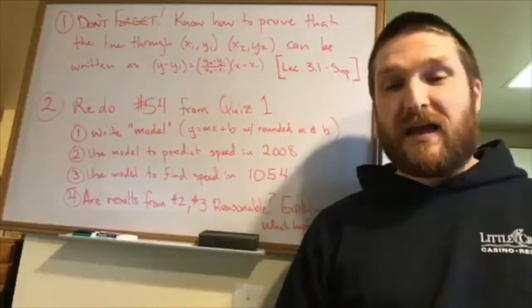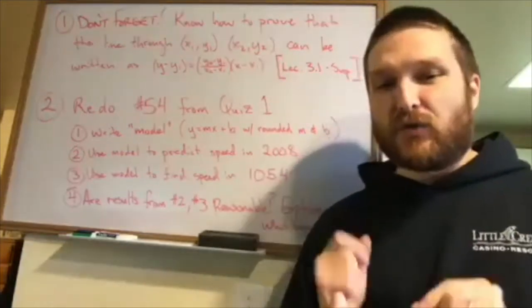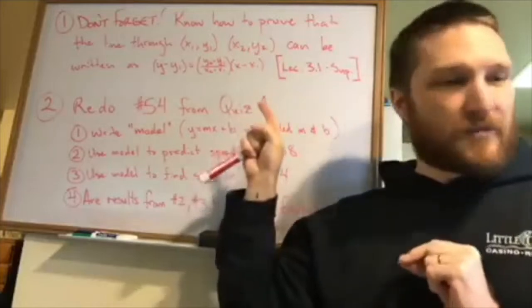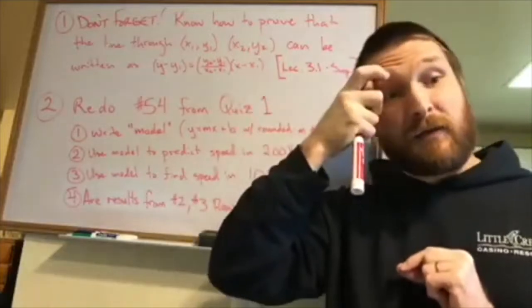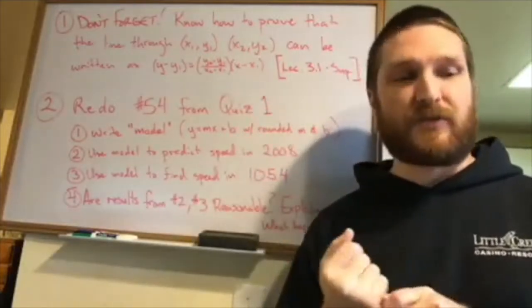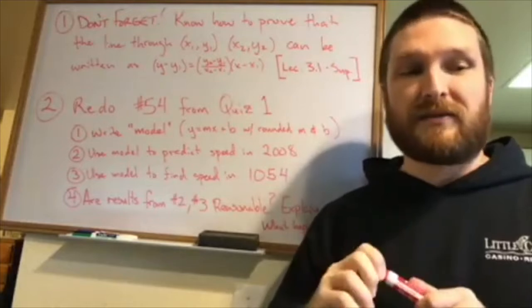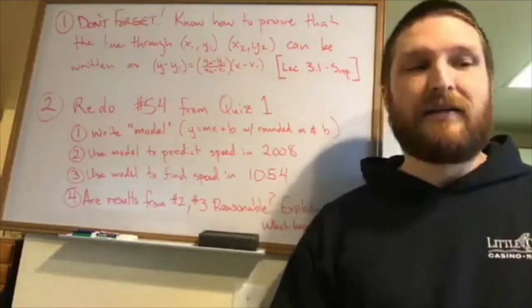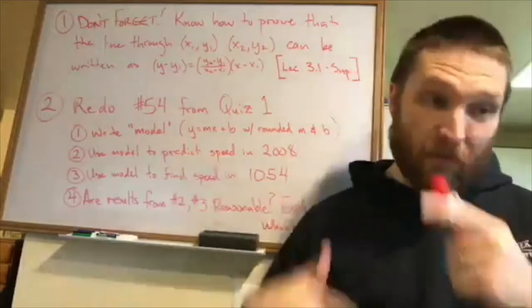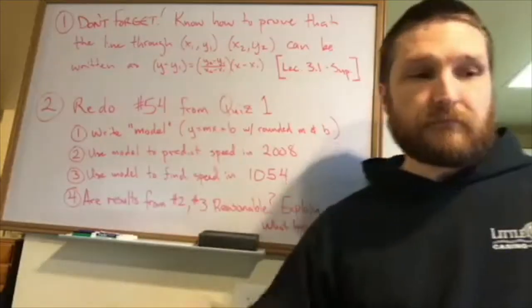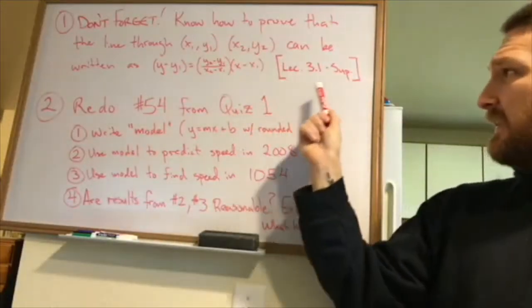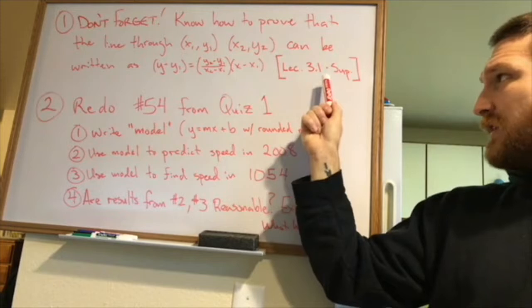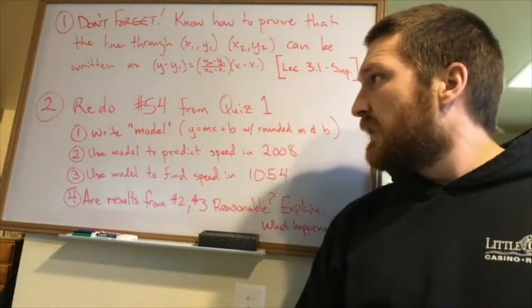I want you to draw out the two points, just like I do, any way you want. That's where you should start, and then explain this is the rise and this is the run. That's how I get this, and then go from there. It's all in lecture 3.1 online.